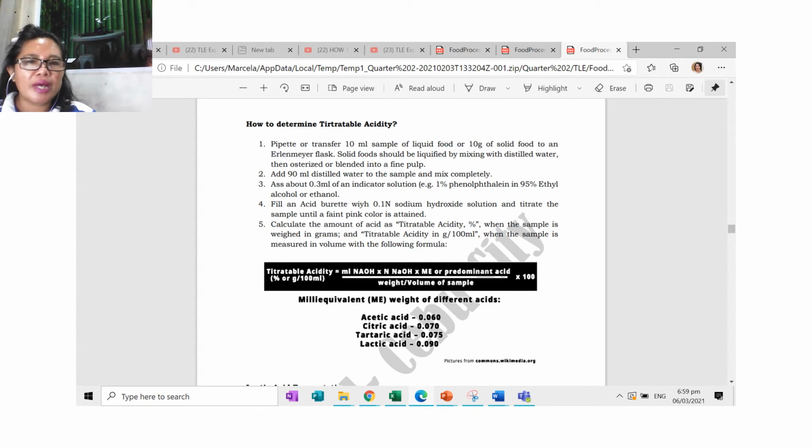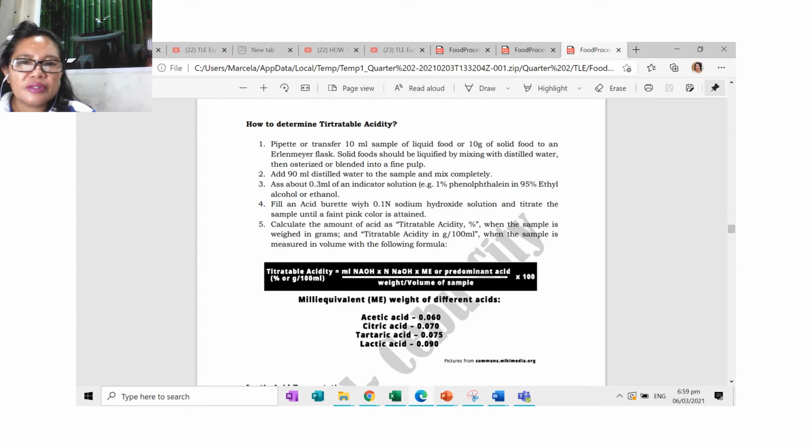Then you are going to add 90 ml distilled water to the sample and mix completely. Then add about 0.3 ml of an indicator solution, example 1% phenolphthalein.